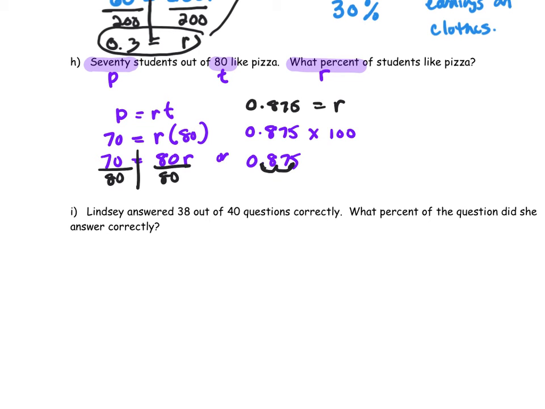When we go from a percent to a decimal, we go to the left, and sometimes that's confusing. So we now have 87.5%. Let's look at the question. What percent of students like pizza? We're going to write 87.5% of students like pizza.